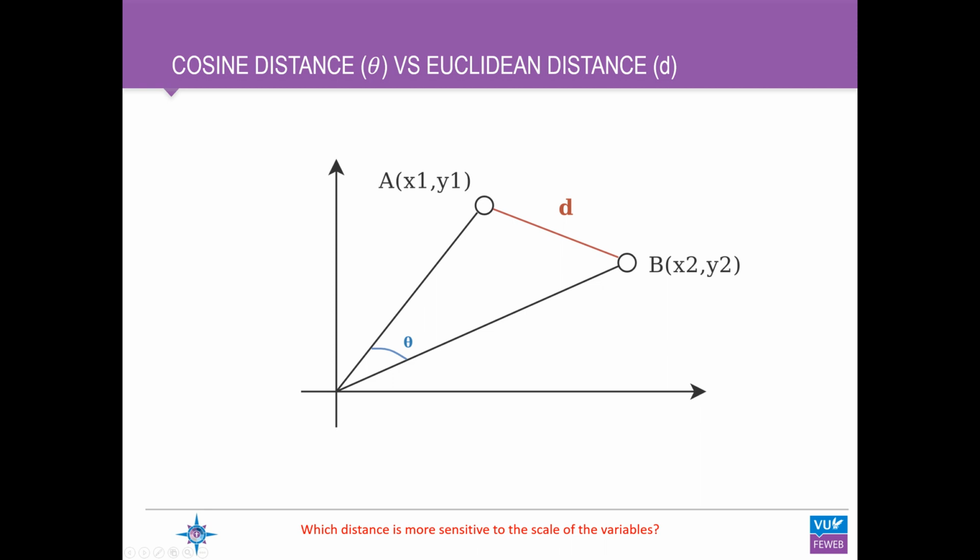So it doesn't matter how long these lines become, depending on how wide these axes are. If a variable runs from 0 till 1000 or from 0 till 1, that shouldn't matter for the cosine distance, because it just calculates the angle. That's why the Euclidean distance is very sensitive to the scale of the variables, but the cosine distance not so much.